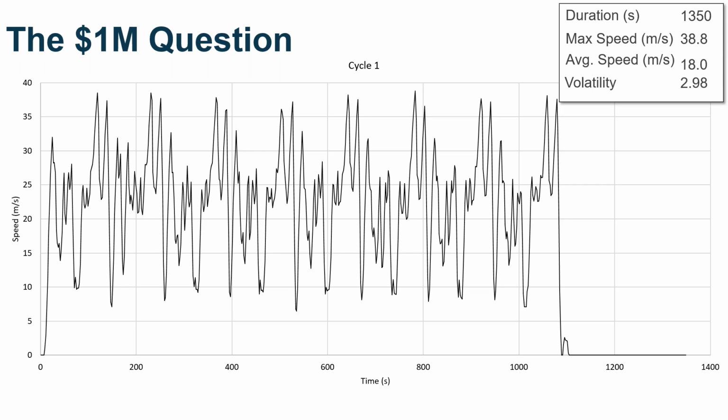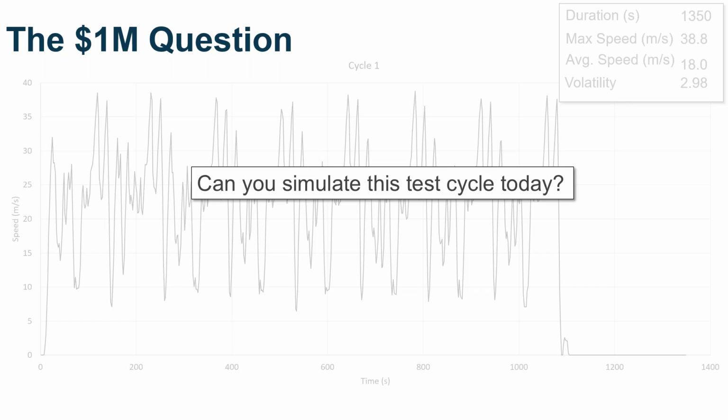The question then is, if we need to reduce our physical testing costs, is it possible to simulate a test cycle like this today? If at your organization the answer is no, it's probably because the simulation times are far too large, or that the low-cost simulations that are viable in terms of runtime aren't accurate enough to be predictive. If yes, there's always the question of how predictive is it?